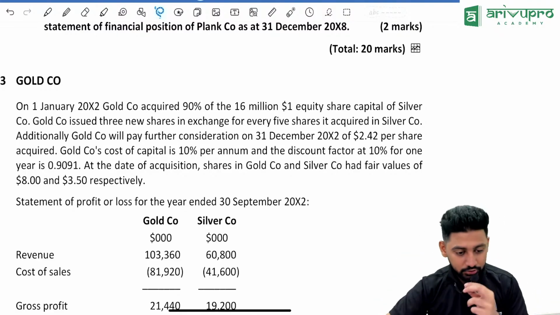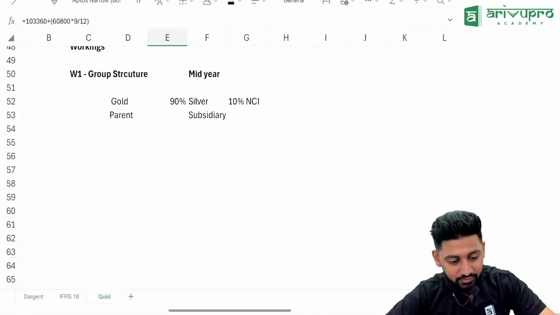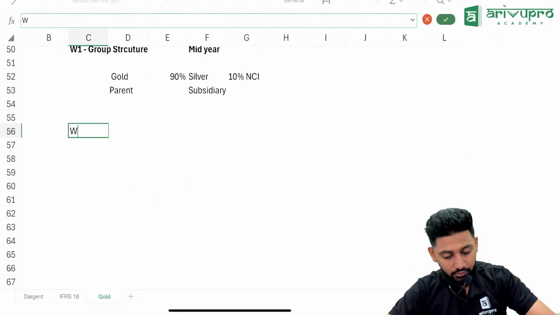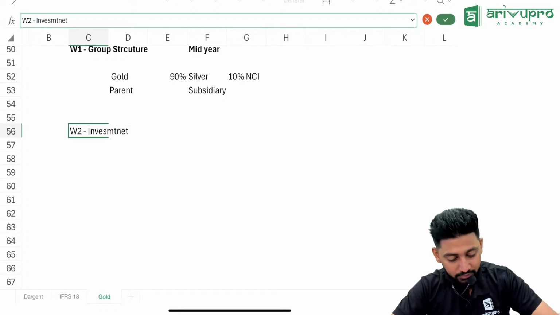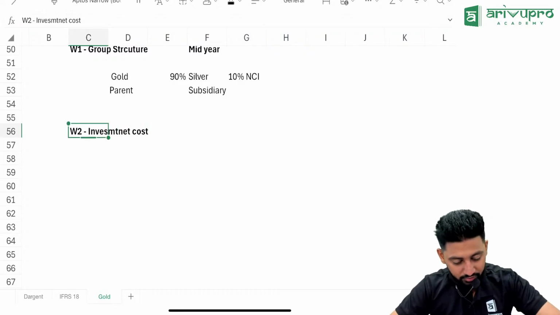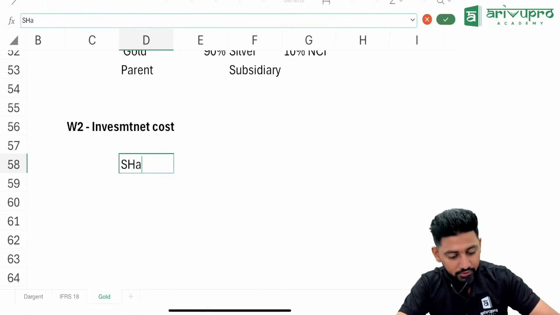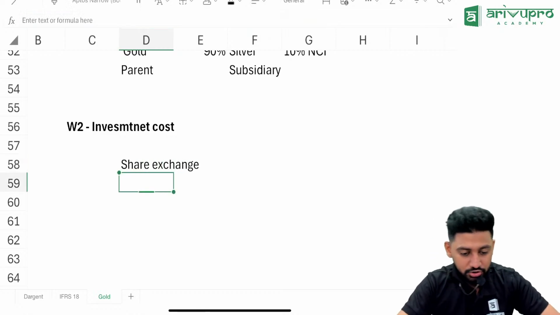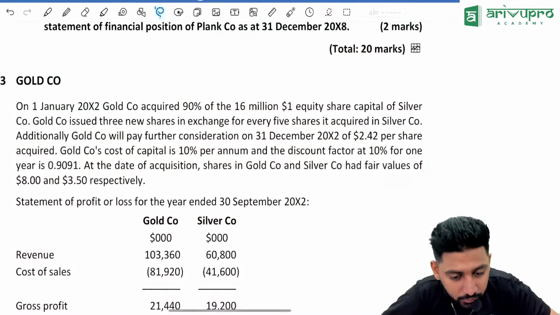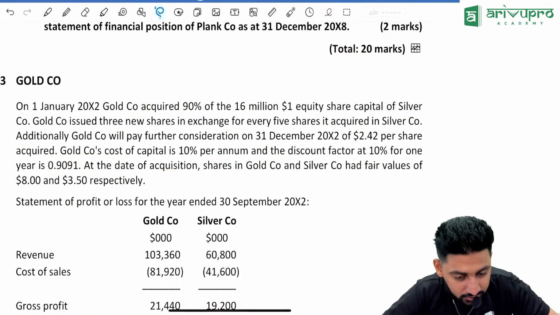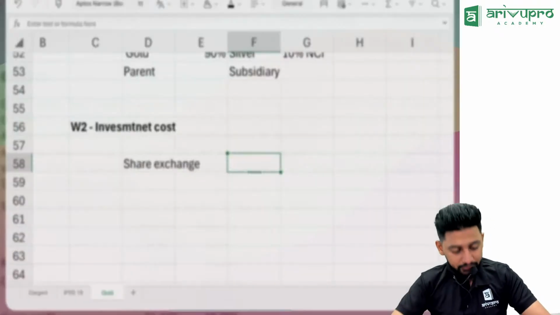Okay. Now, super, what is happening? There is investment cost. Working number 2, investment cost. Okay. For the investment cost, how many types of investment do they have? 2 types. Number 1, share exchange. Now, in terms of share exchange, what they are doing? 16 million shares. Out of 16 million shares, you are acquiring 90%.